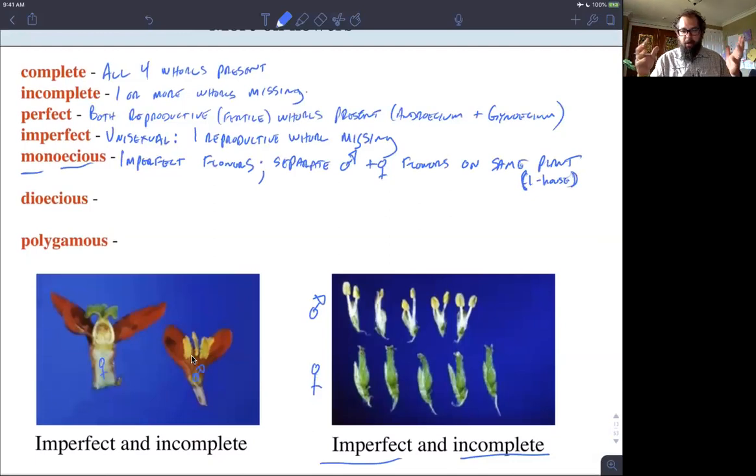A good example of a monoecious plant are birch trees. These have separate male and female flowers, but they're found on the same individuals. Or alder trees. These are another good example of imperfect flowers that are on the same individual. And this is contrasting with dioecious, where these are imperfect as well, so separate male and female flowers, but these have separate male and female individuals.